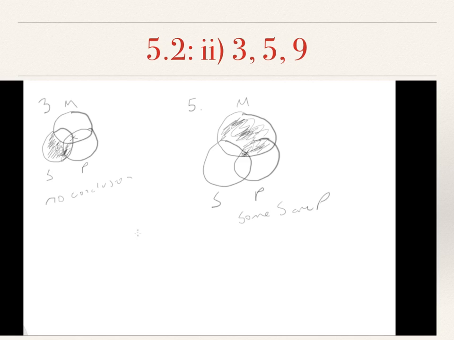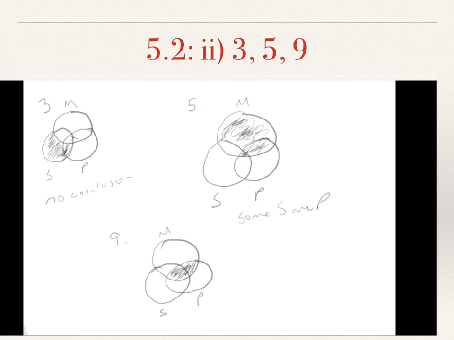Okay, and now let me do the last one, number 9. Okay, number 9, no P are M. So there's the P circle and the M circle, and where they overlap, there's nothing there, because no P are M, so that's empty.